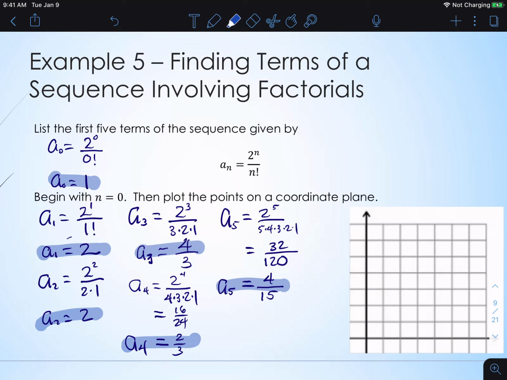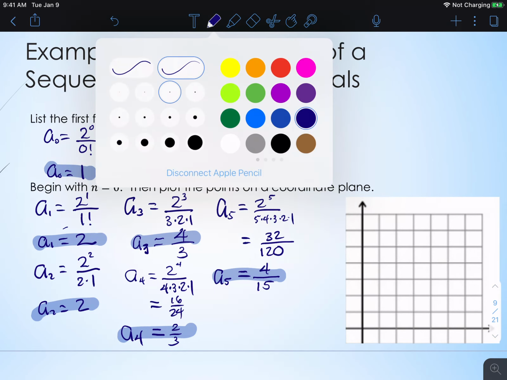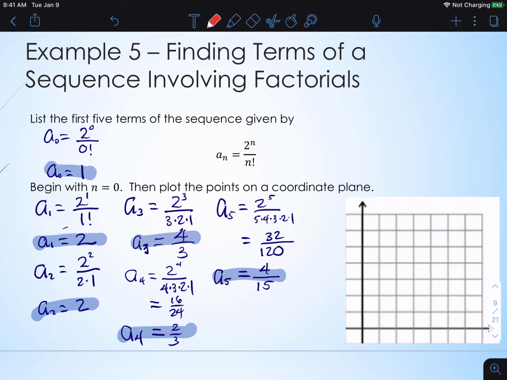Okay, then it says plot the points, so let's go ahead and do that. When n is equal to 0, we know that a sub 0 is 1. When n is equal to 1, a sub 1 is 2. And when n is equal to 2, a sub 2 is 2. When n is 3, then a sub 3 is 4 thirds.